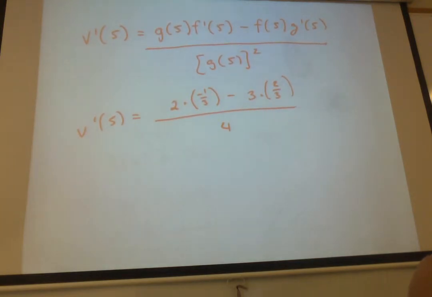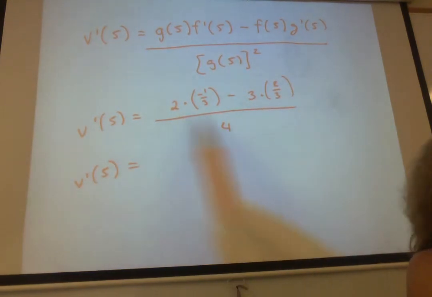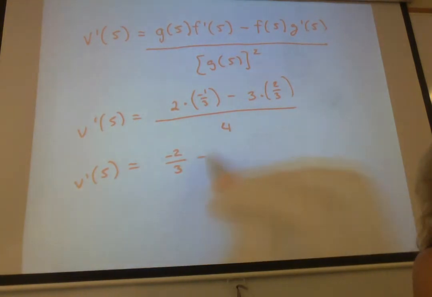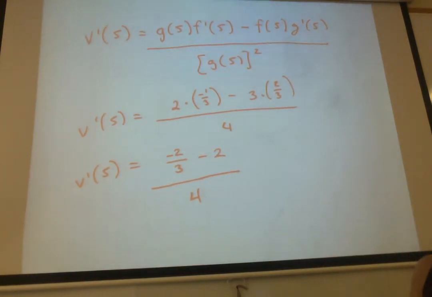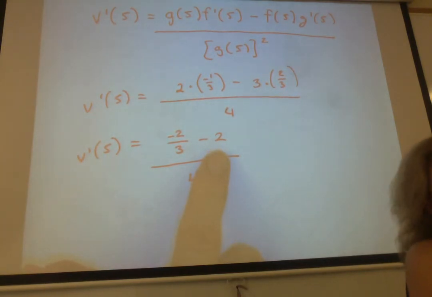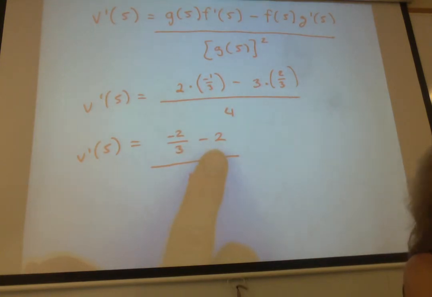Okay, so let's carefully do the multiplying here. So Cameron, 2 times negative 1/3. Good, I got negative 2/3 minus, okay, 3 times 2/3, Alfredo. So good, we got a minus 2, and that's all being divided by 4, okay? So I have a choice now how to simplify this. I'm dividing by one term, so could I actually just divide these both by 4? That's one option. The other option is I could subtract these and then divide that by 4.